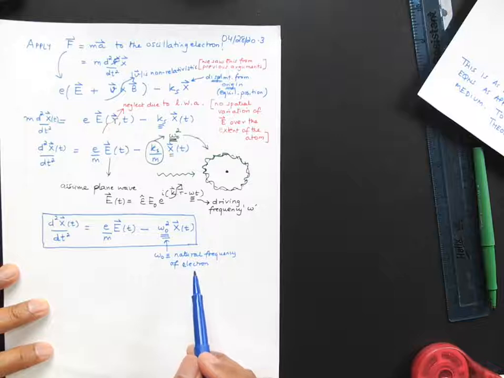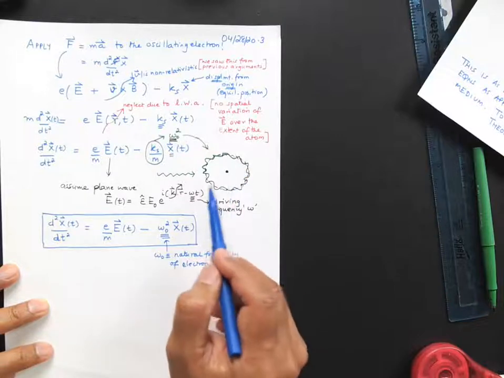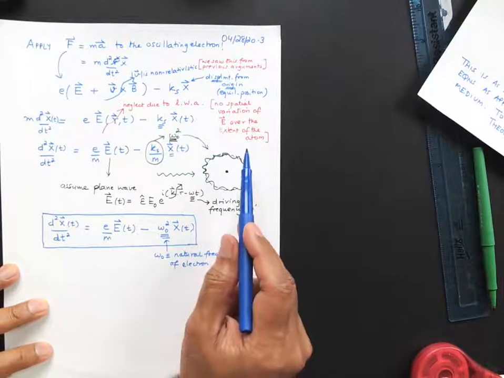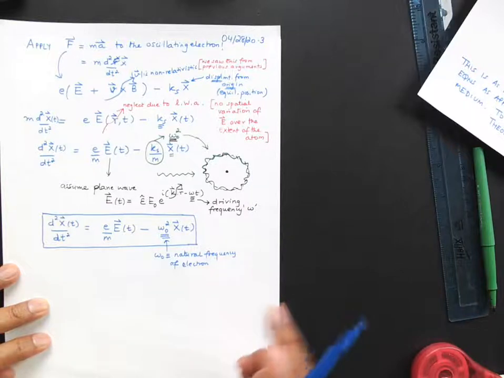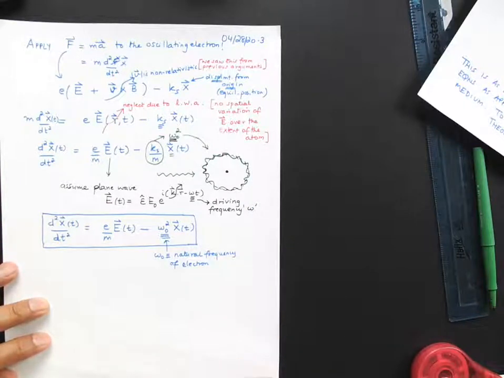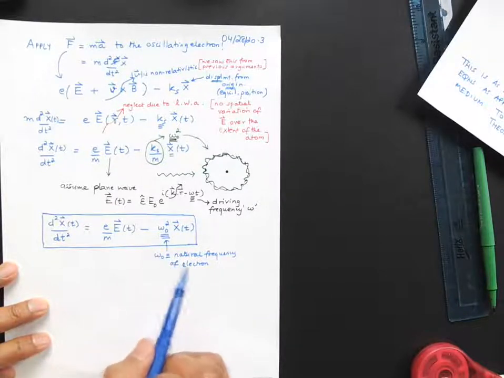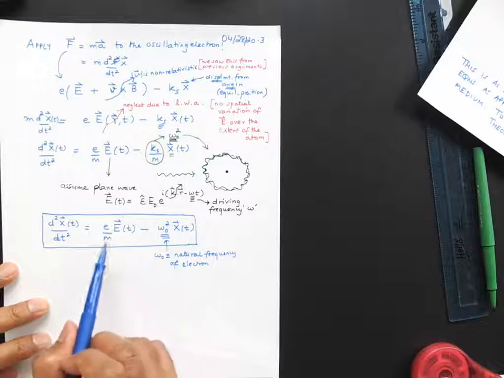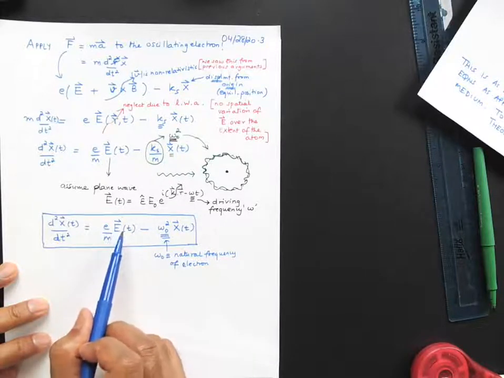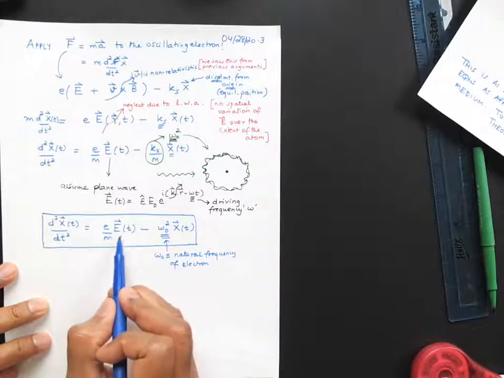So for rubidium, the electron might oscillate back and forth at a certain frequency, which is different from cesium or sodium or some other element. All right, so that's a natural frequency for the electron. And then, of course, electron charge, mass, this is the driving field.